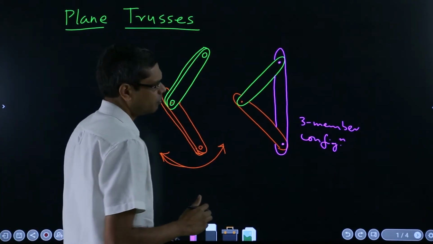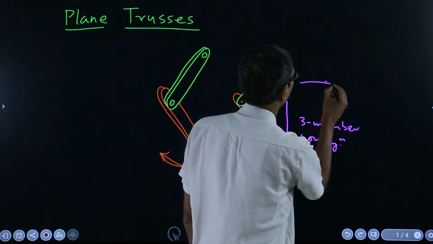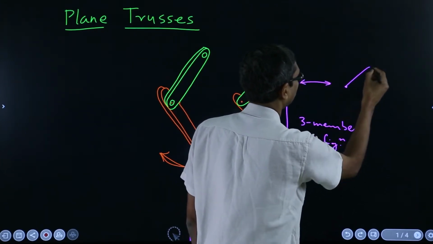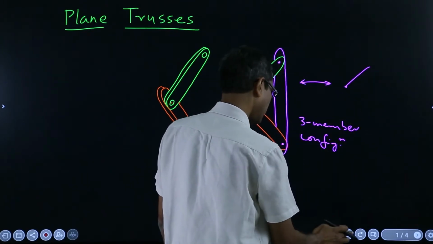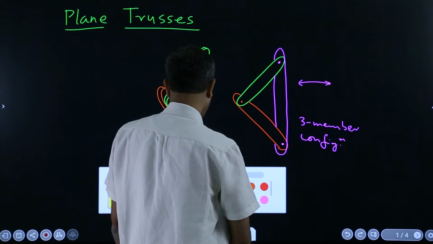But if you join more than 3, one more level of schematic diagram can simply be drawn like this. Let me draw with different colors.